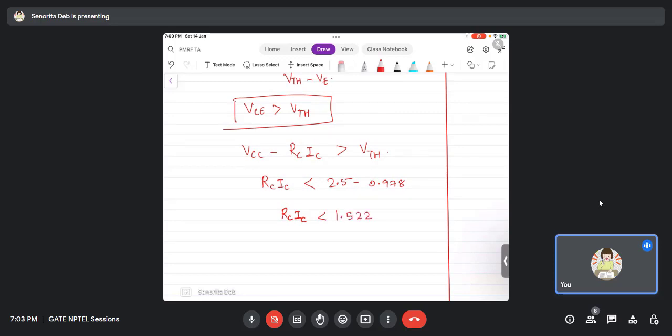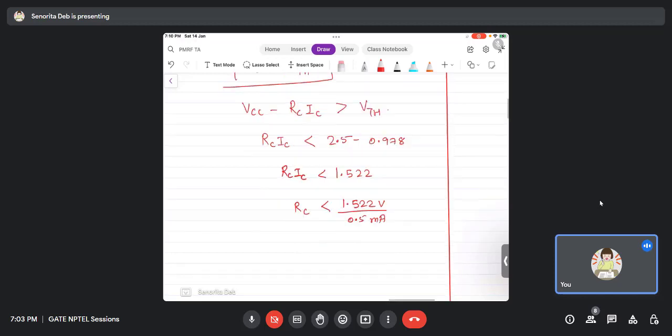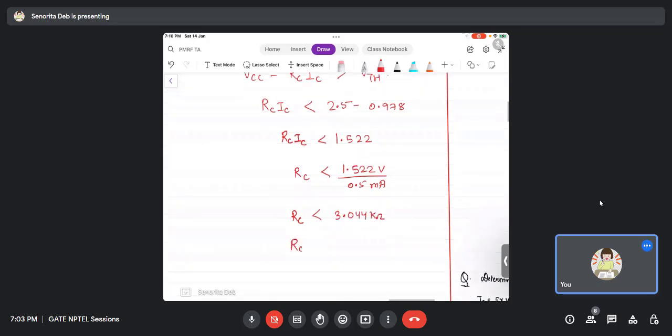And IC you know, so RC should be less than 1.522 volts upon 0.5 milliampere. This brings you to RC should be less than 3.044 kilo ohms. So the maximum RC that you can tolerate is 3.044 kilo ohms. After that your device goes into saturation.